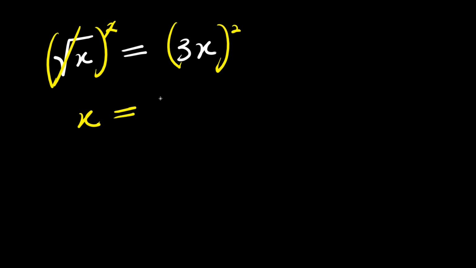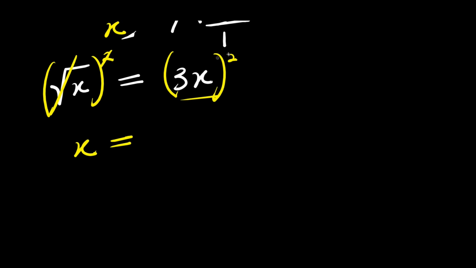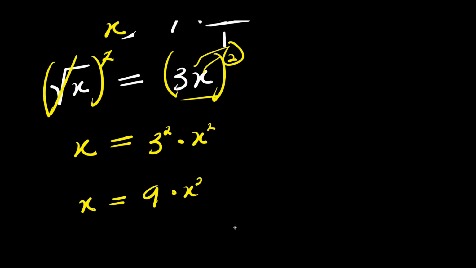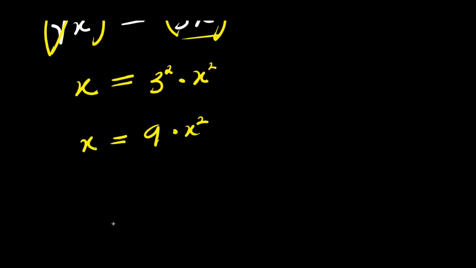I have x equals, for this, I need to distribute this exponent to each of the terms here. I have 3 power 2 times x power 2. So from here, I have x equals 3 power 2, that is 9 times x squared. And from here, I have x equals 9x squared.